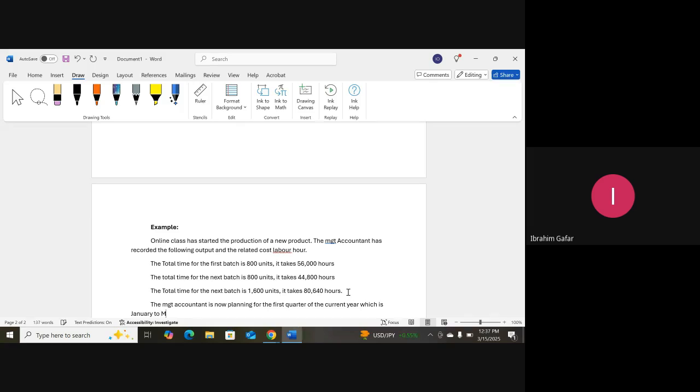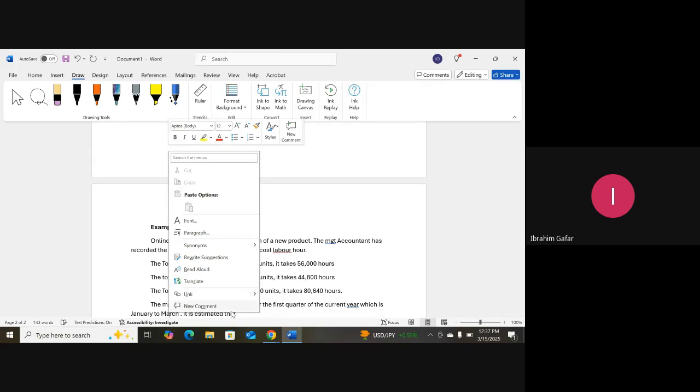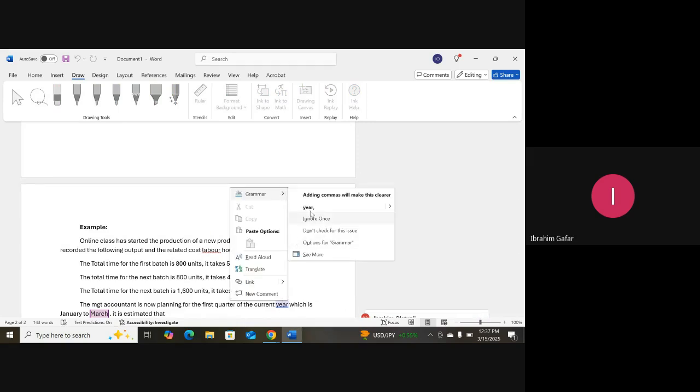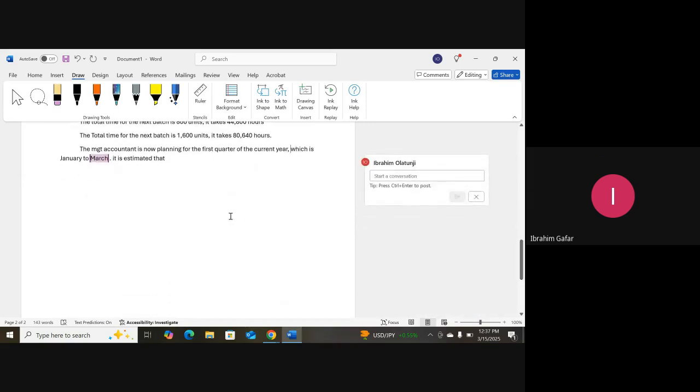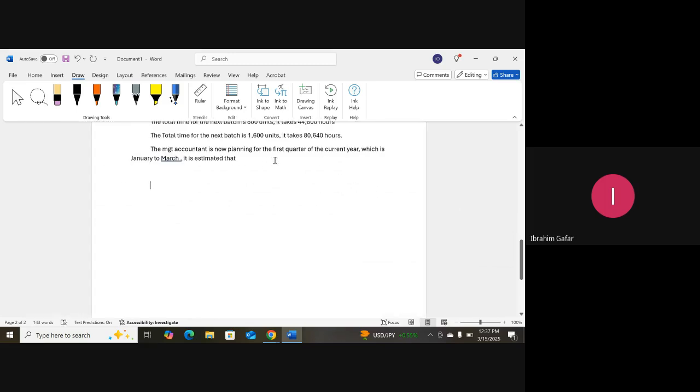That is the first quarter. It is estimated that the production in each of the months will be as follows.